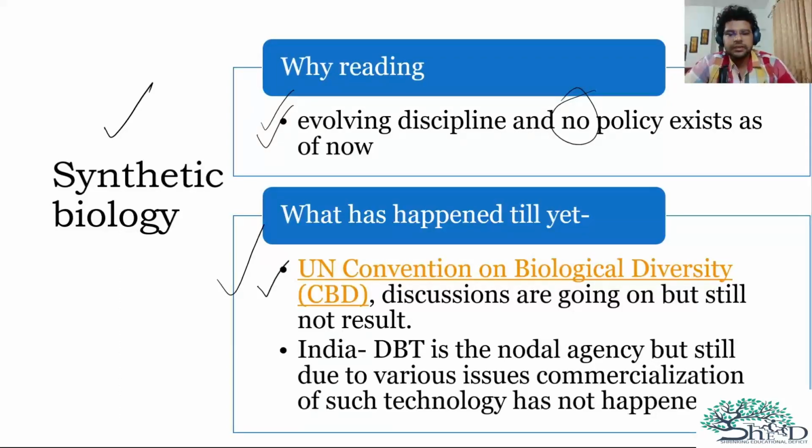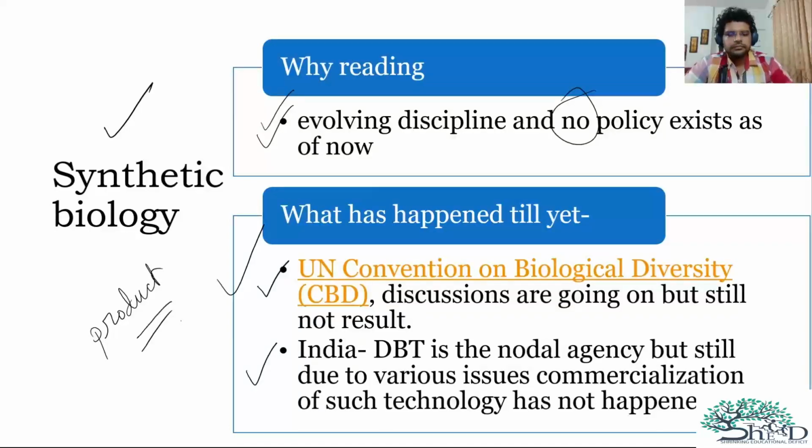It discusses all these things, but still there has been no concrete result on how to regulate such things. In India, the Department of Biotechnology is the nodal agency, as I told you, but due to various issues, commercialization of such technology has not happened yet. That means the technology is there, but right now it has not been converted into any viable product that can be sold to the public.